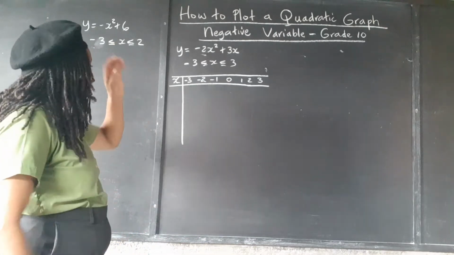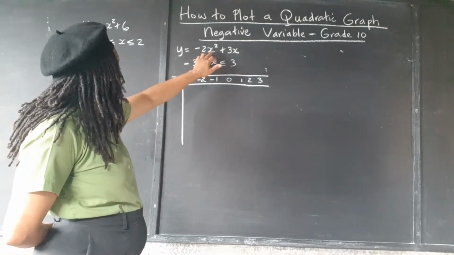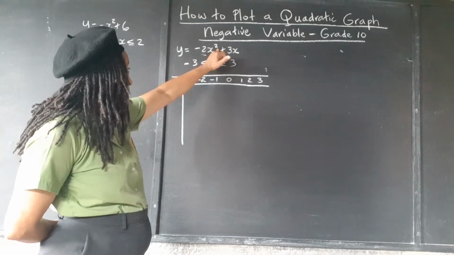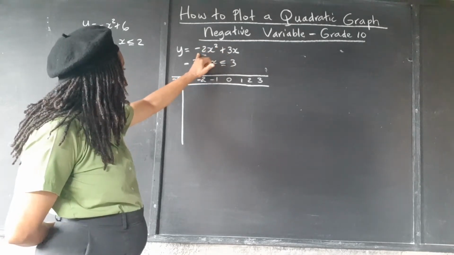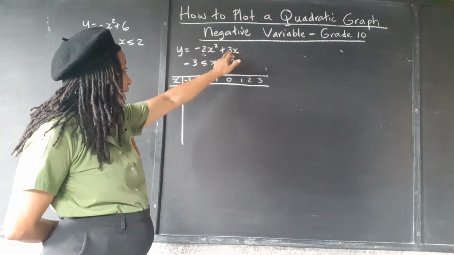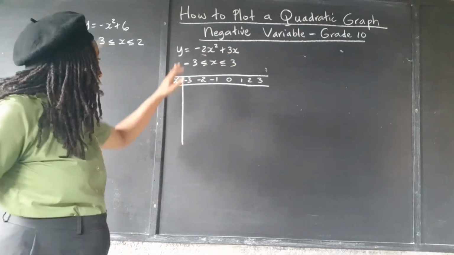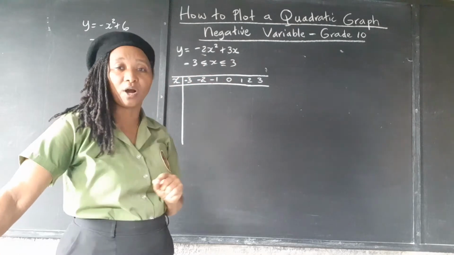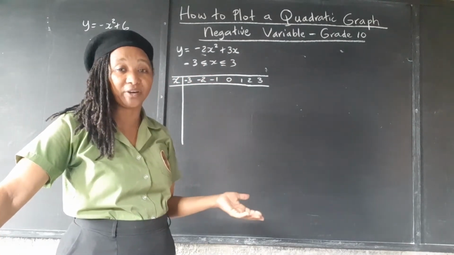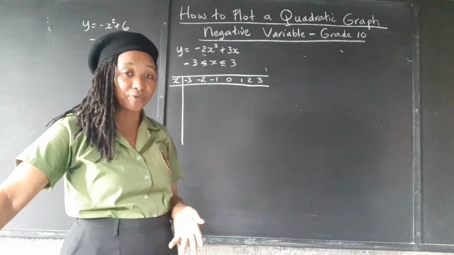So it says we're to square the x's, multiply them by -2, we're to also multiply the x's by 3, and then we combine those two, we add them.